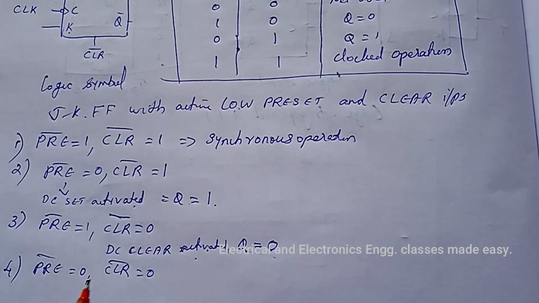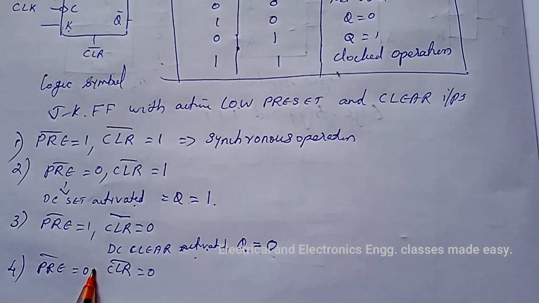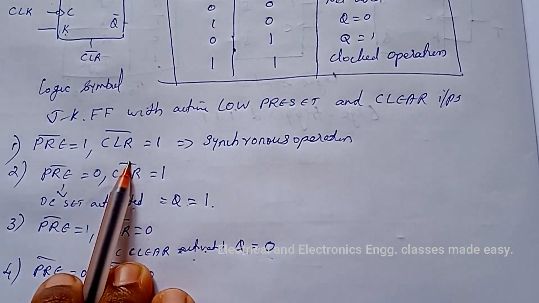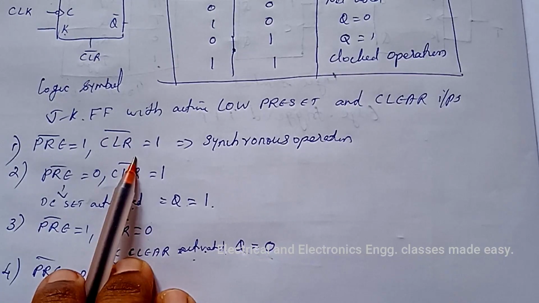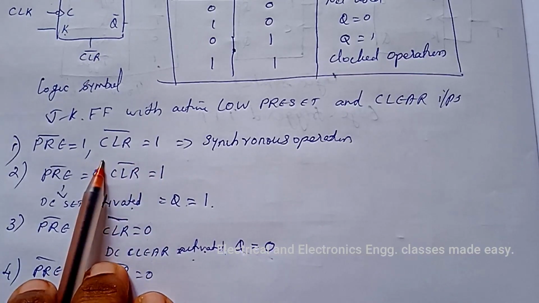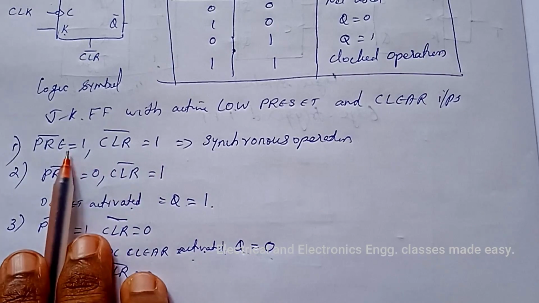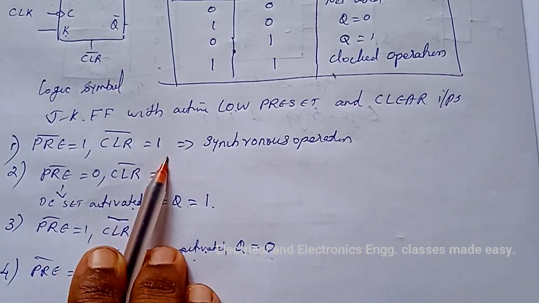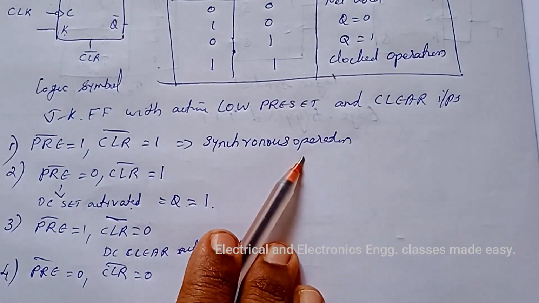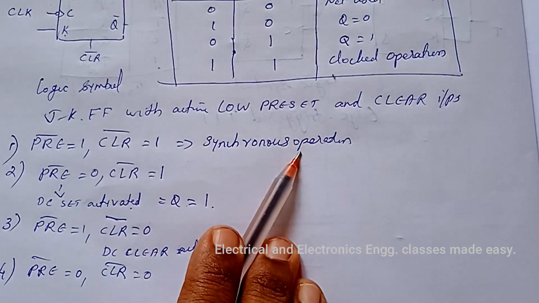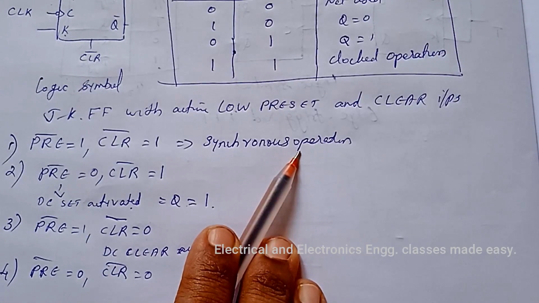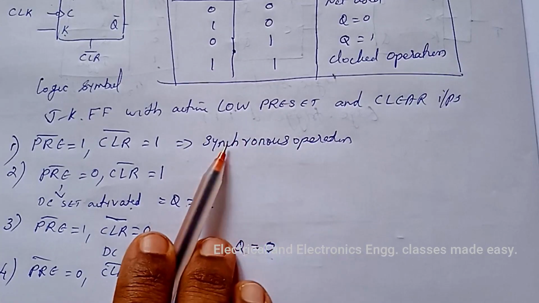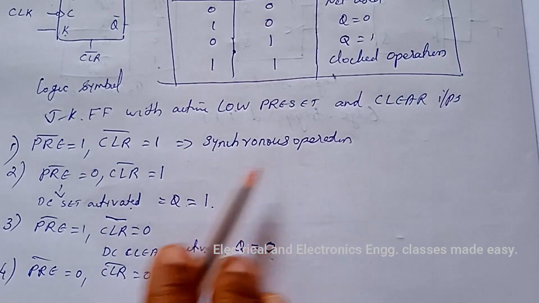So this is about the asynchronous inputs. So asynchronous inputs are preset and clear. So in the case of active low input, when both the inputs, that is both preset and clear, are equal to 1, then the flip-flop is in the synchronous operation, that is the flip-flop depends on the J, K and the clock inputs, that is the normal flip-flop conditions.